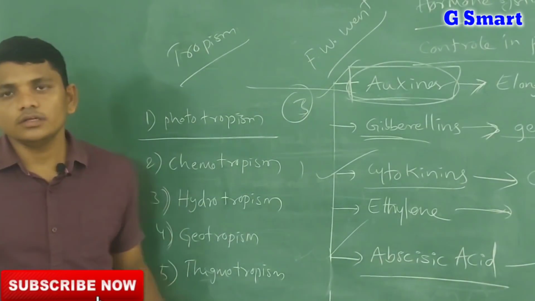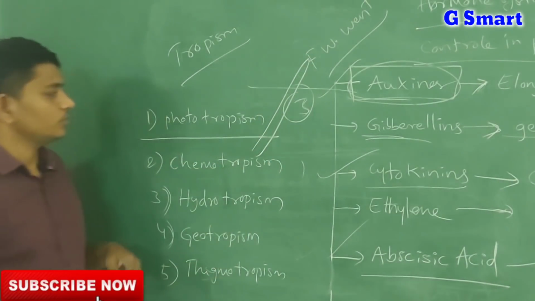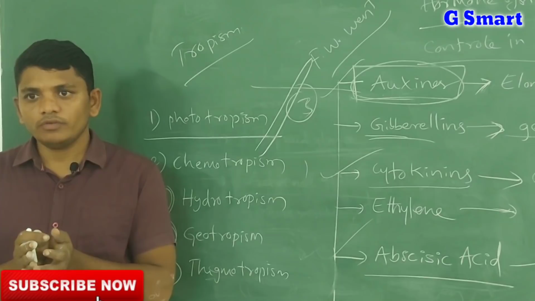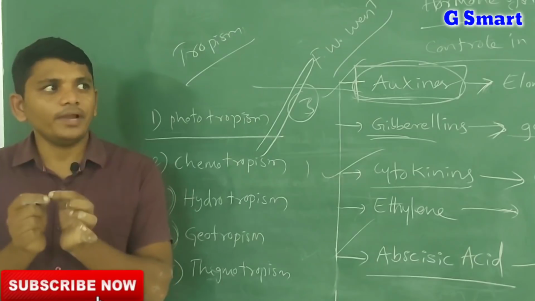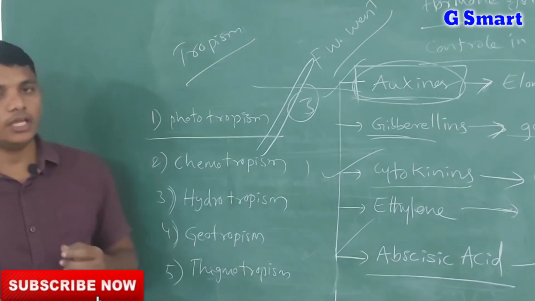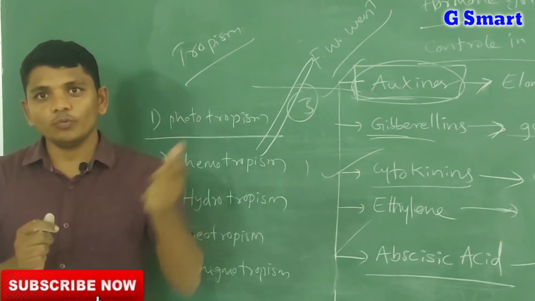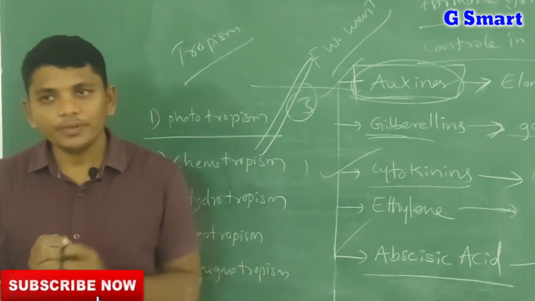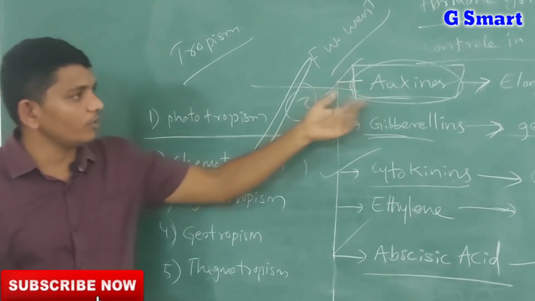If we put a potted plant in a dark room, the plant will grow towards the light. If the plant grows towards the light, that is called phototropism. Phototropism is due to auxins.